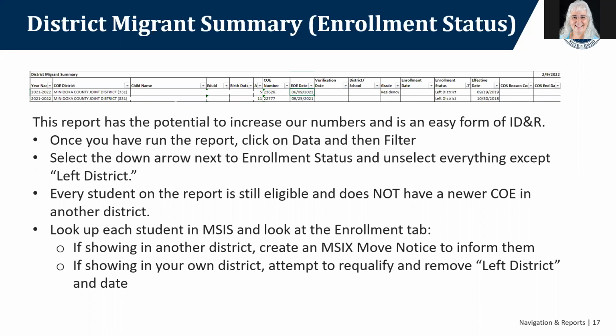If the student has not moved and is still in my district, then I would need to make a note to myself, an enrollment note. In MSIS, you can do an enrollment comment. I would make a comment that says student living in Minidoka attending CASHA, perhaps, under my current year data. However, it's very possible that the student has actually moved to CASHA.